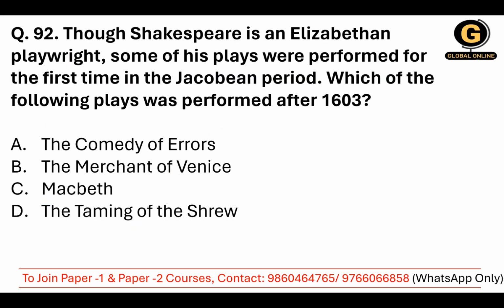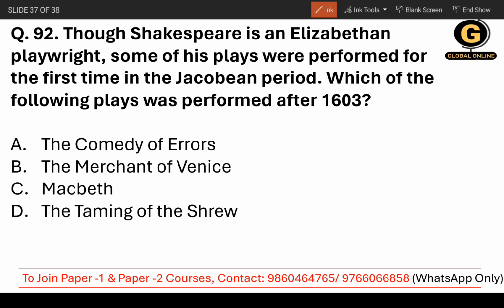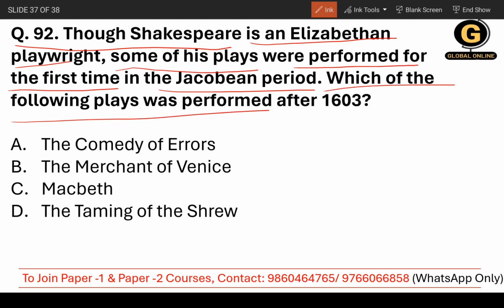Moving on to question number 92 and the last one. Though Shakespeare is an Elizabethan playwright, some of his plays were performed for the first time in the Jacobean period. Which of the following plays was performed after 1603? For this type of question, you need to know the publishing year of Shakespeare's plays, so do focus there.